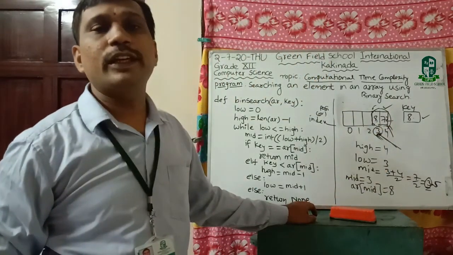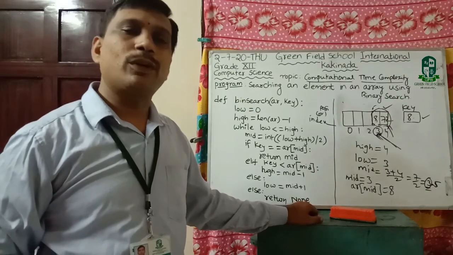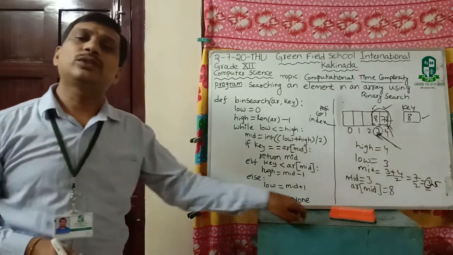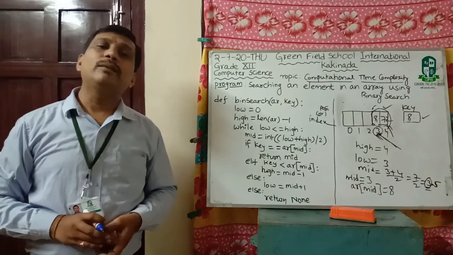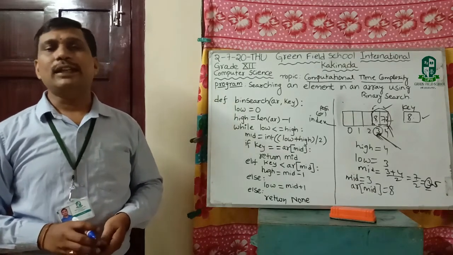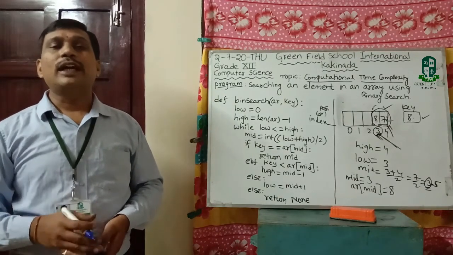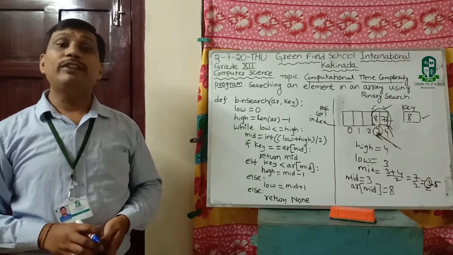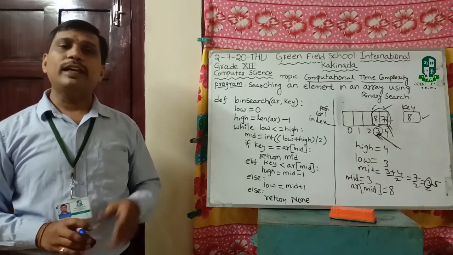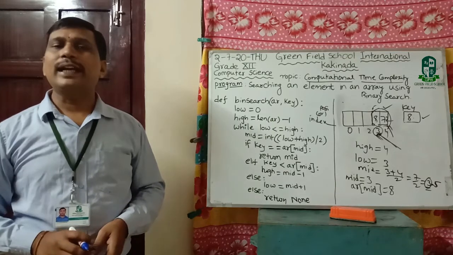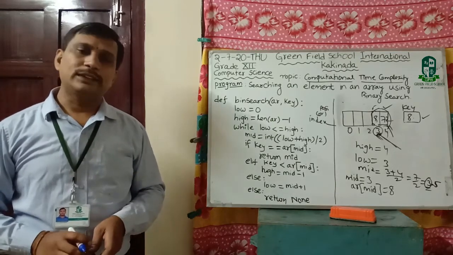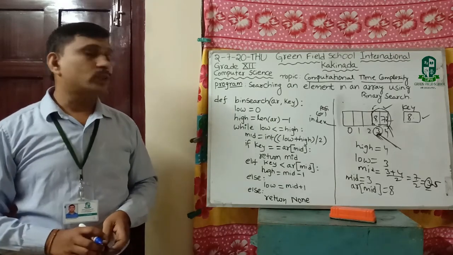In this way, we continue our search process until we reach one element. That one element is our key search element. In this way, we continue the loop every time we are searching. The loop divides into two parts, so n by 2.